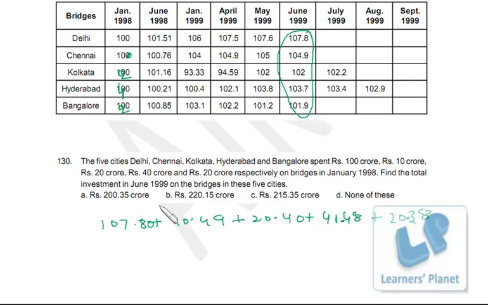Now since the options are close, 200.35, 220.15, 215, we need to be accurate in this calculation, right? So I just add this up: 9 and 8 is 17, 17 and 8 is 25, so the unit digit must be 5, carry over.